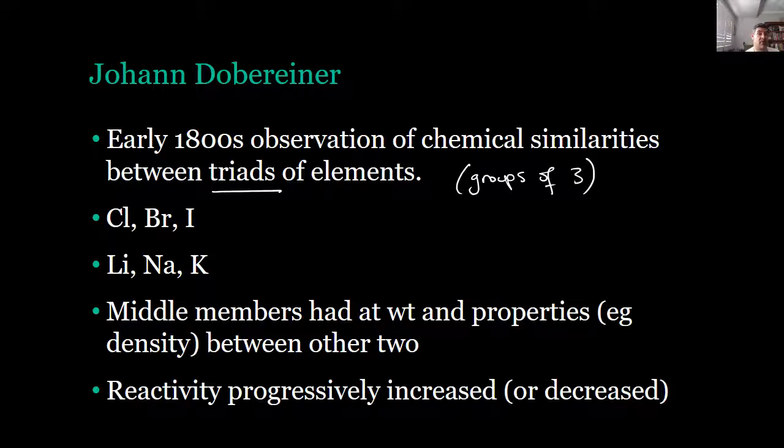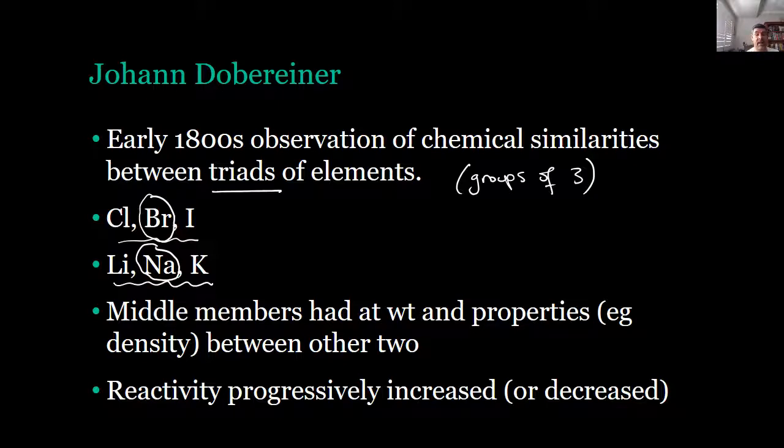If you look at some of the groups that he looked at, chlorine, bromine, iodine, and lithium, sodium, and potassium, you might get a little bit of an understanding of why these particular elements did form some consistent patterns.